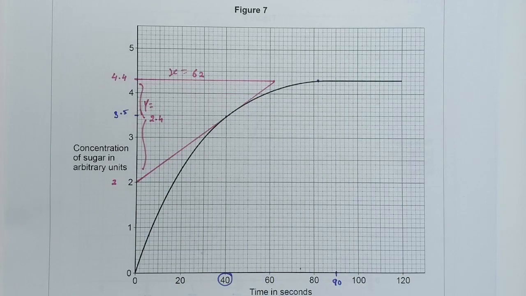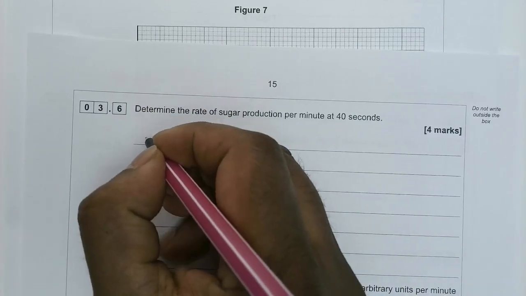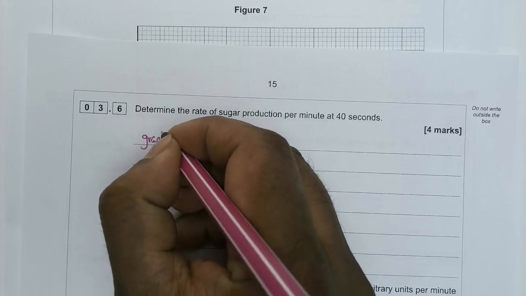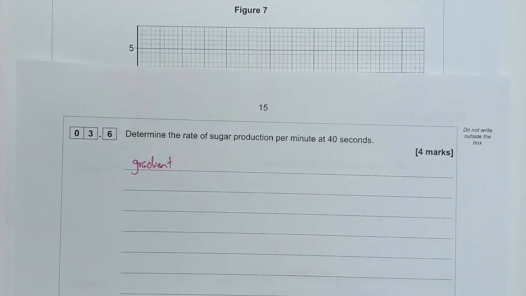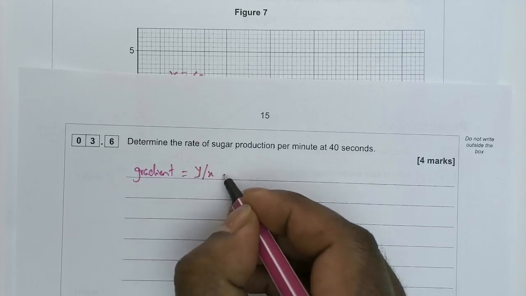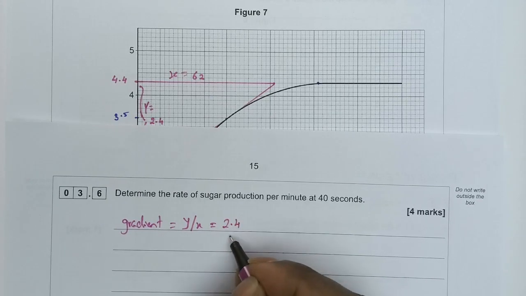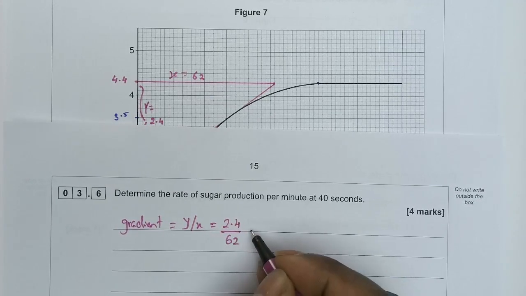So let's work out the gradient. Gradient equals the change in y over x. Remember, y was 2.4 divided by 62.